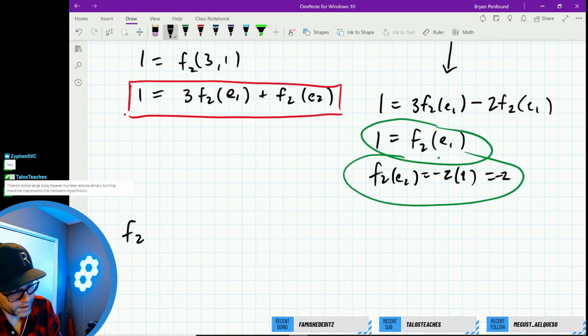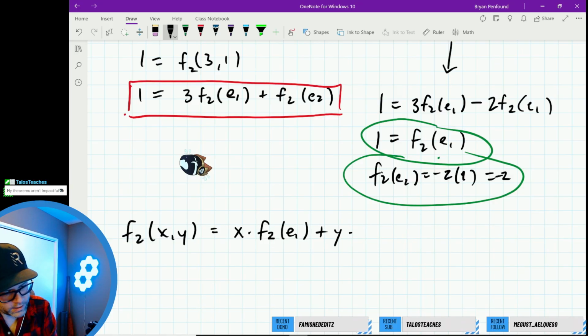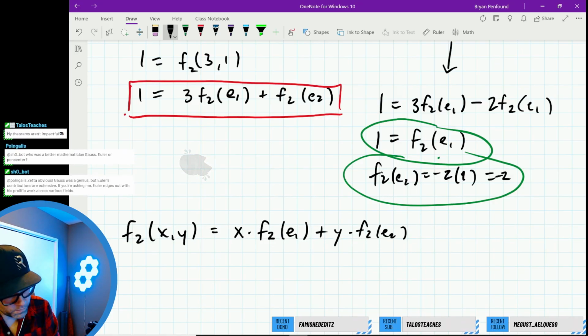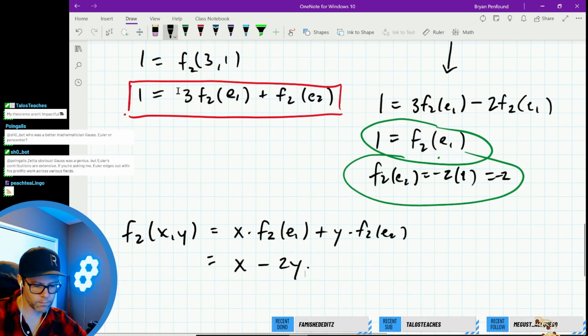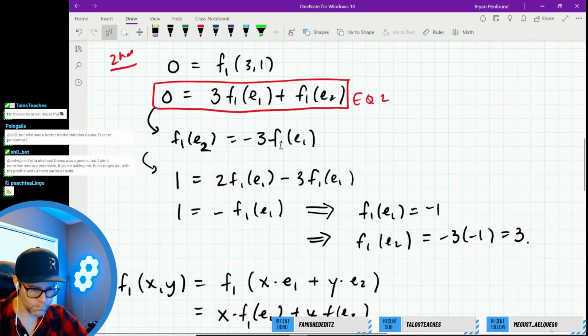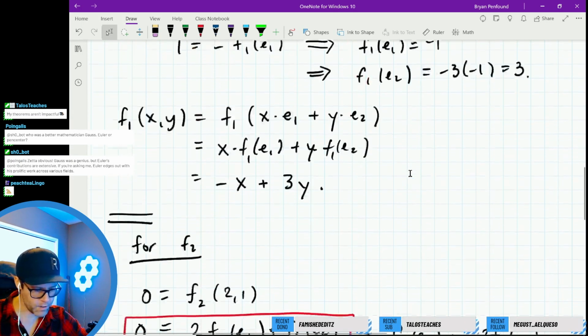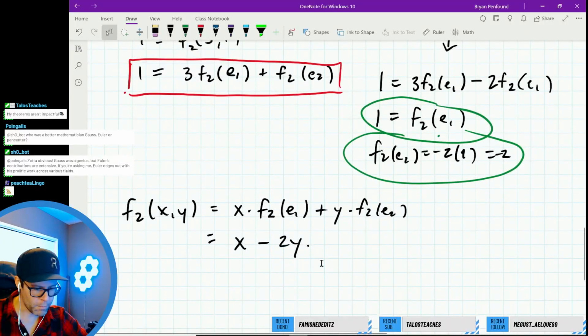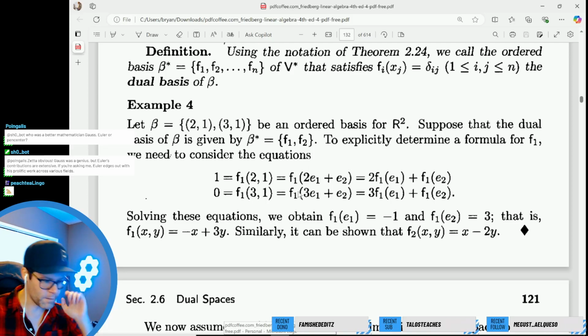So now we can say that f2 acting on any vector in R2 should be x times f2 evaluated at e1 plus y times f2 evaluated at e2. Okay, x minus 2y, we got it. Boom. Okay, I feel like I understand what they're trying to do a little bit better.